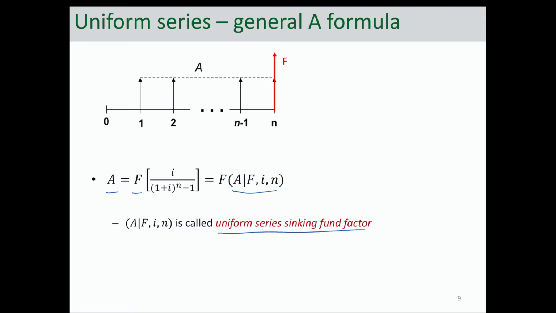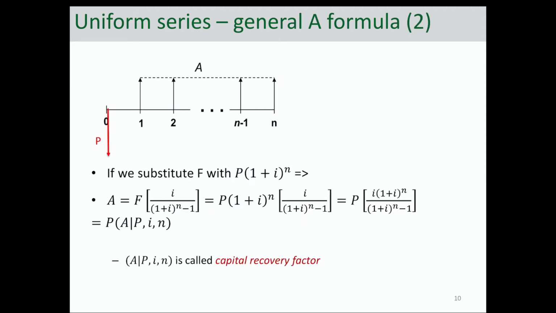What we can do also is to substitute F with its definition in this formula. Because we know F, in terms of P, is P times 1 plus I to N. So if we substitute F in this formula with its definition, we can find the formula of A in terms of P, which is going to be this formula.